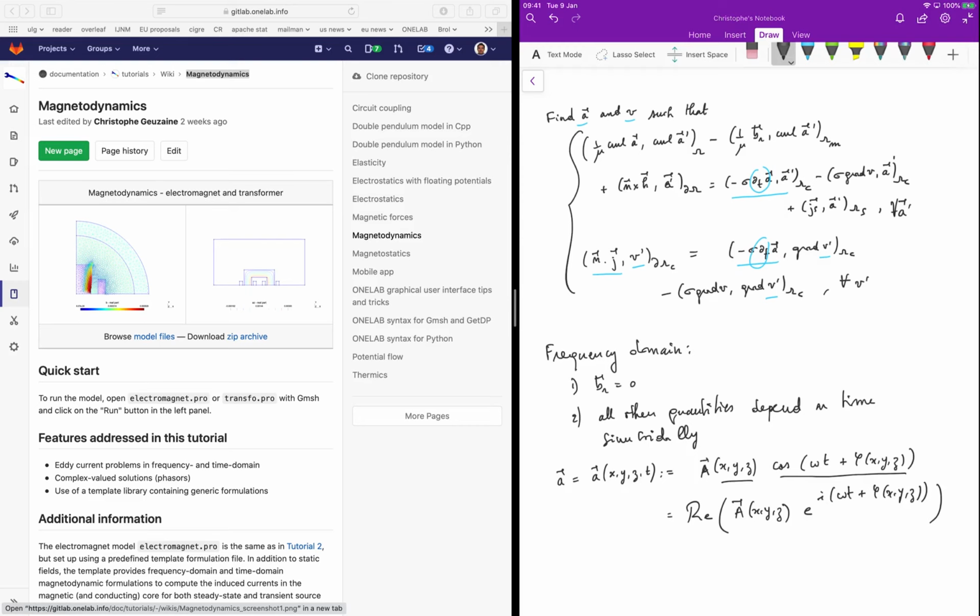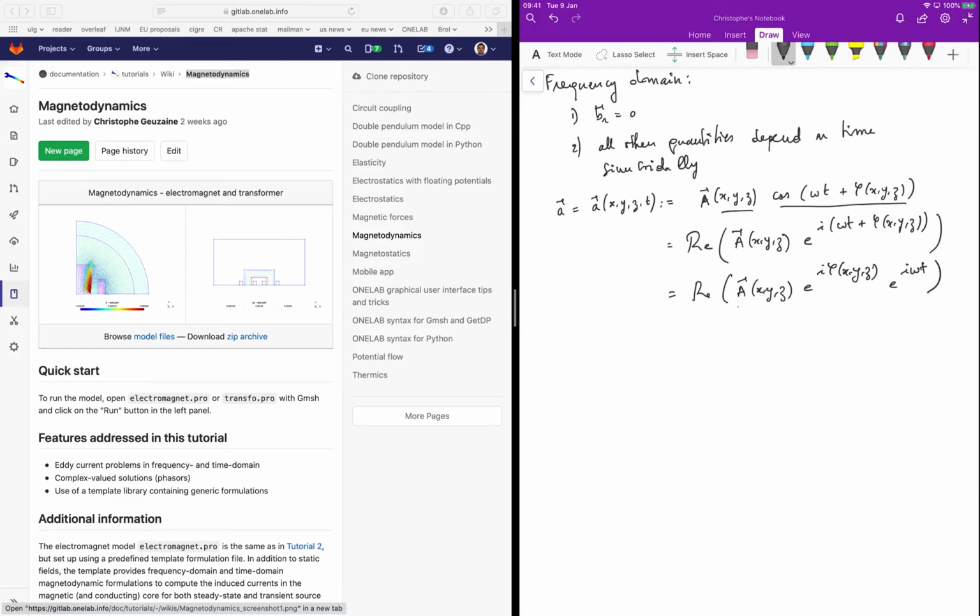And then what's the trick? Well, the trick is to separate the complex exponential. So this is the real part of A of x, y, z that multiplies e to the I phi of x, y, z times e to the I omega t.